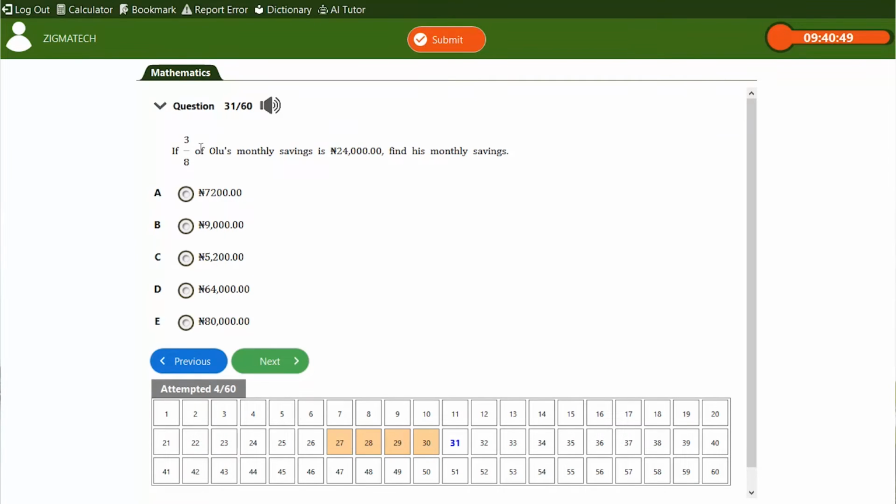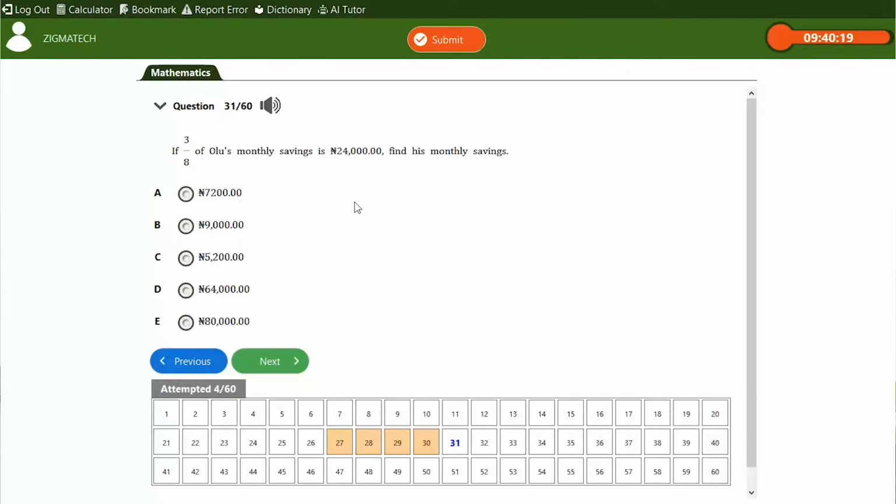If 3 over 8 of Olu's monthly savings is 24,000, find his monthly savings. They said if 3 over 8 of Olu's monthly saving... first of all, we don't know Olu's monthly saving, right?